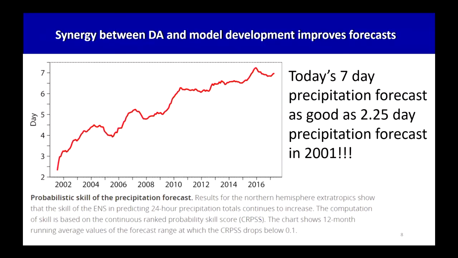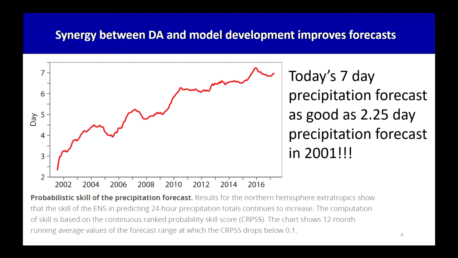Okay, and here's an example of a pretty impressive improvement. There's a measure of rainfall, the continuous ranked probability skill score, that's what I was trying to say before. See up here, for rainfall, it's positively oriented, so when that's a big number, you have lots of skill, and when it's a small number, you don't have much skill. When it drops below 0.1, you really don't have much skill at all.